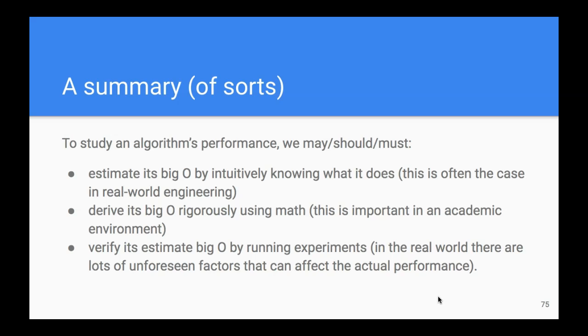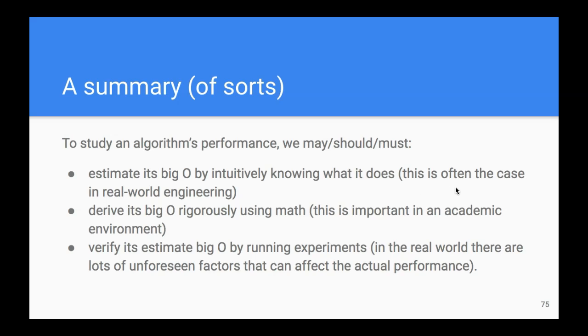As a summary, when we study an algorithm's performance, what we can do, and sometimes should or must do, is intuitively try to figure out how it's going to perform. If we know how an algorithm works, we probably have a sense of how it will perform.